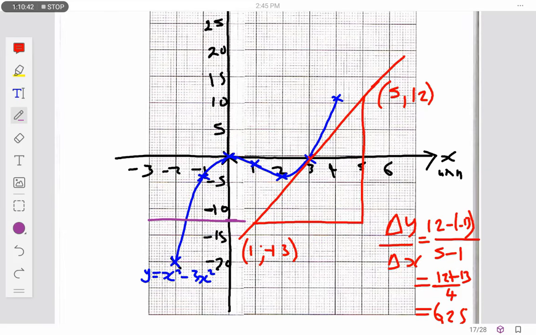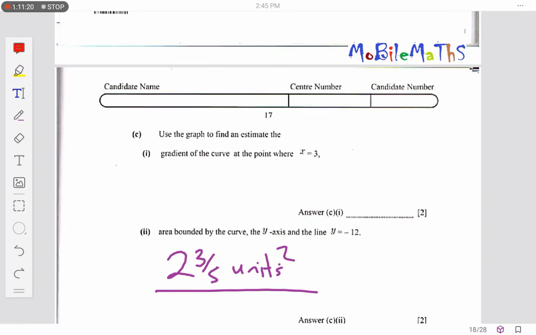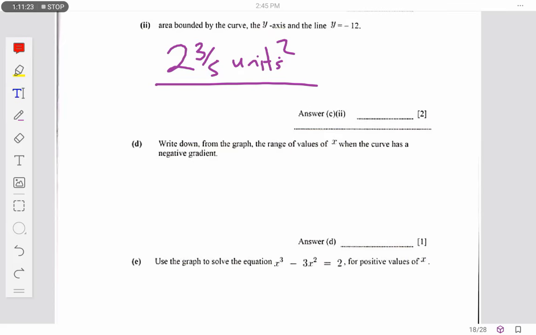So for us now, the range of values of x when the curve has a negative gradient, we are getting it here. This is where we are getting the negative gradient. We don't have any other point because this side is positive, this side is positive, this side is positive. So the set of values when our gradient is negative, we are saying our x values are 0, 1, and 2. Okay, so those are the values of x when we have a negative gradient.